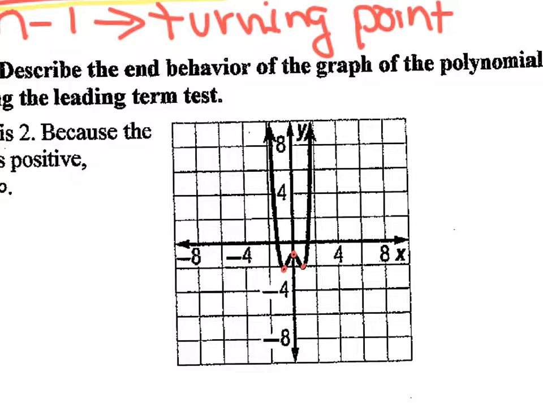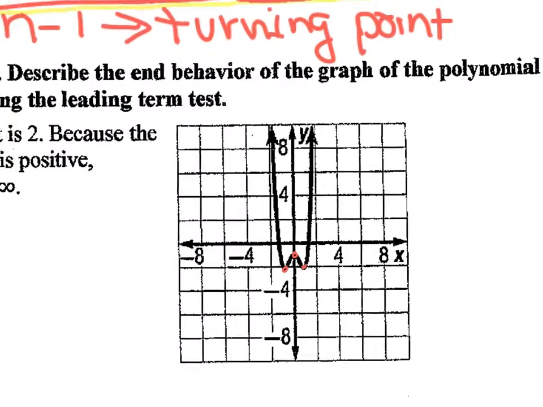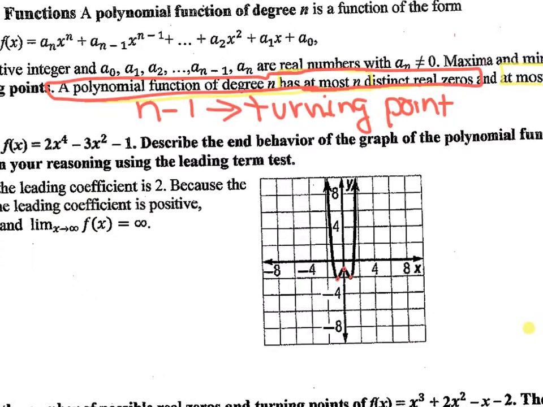Now, how many zeros are we expecting to have on x to the 4th power? The most would be 3, right? Is it 3? How many? The most. I'm not looking at the graph. I'm just going by what they say in that definition, right here, what I highlighted.